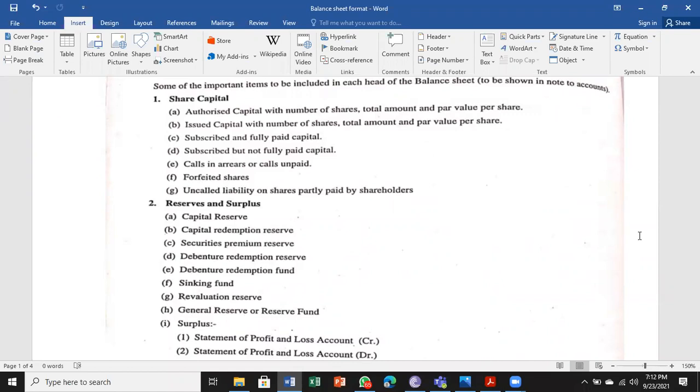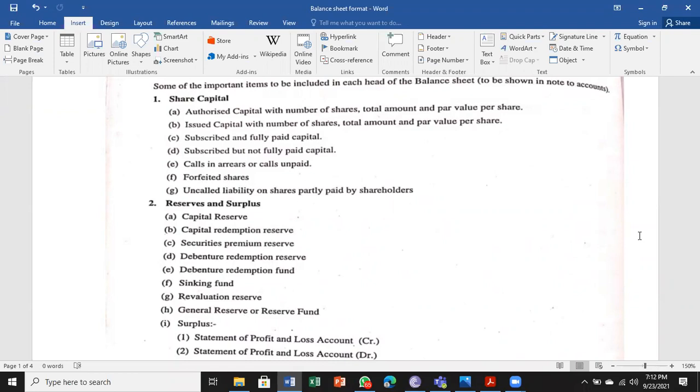When we do problems on issue of shares, I'll explain there in complete detail. Next is issued capital. The company will go for starting the business, so they collect some money. To collect the money, they will decide this is the money required from the public, so they will offer it to the public.